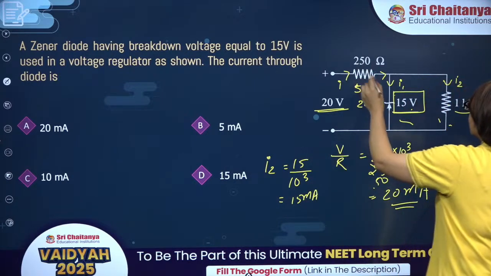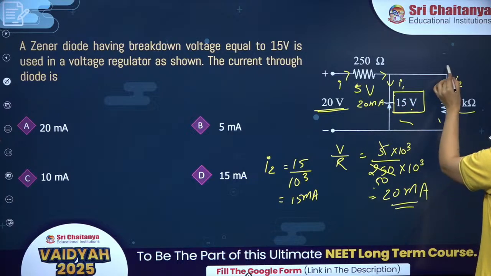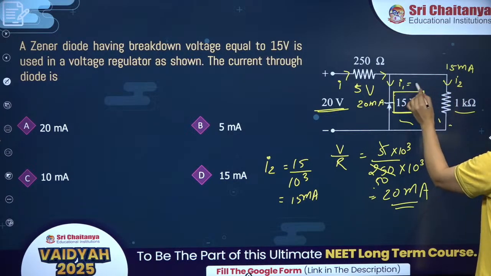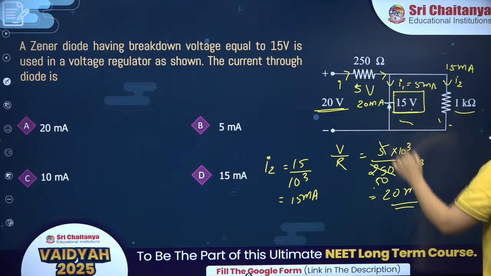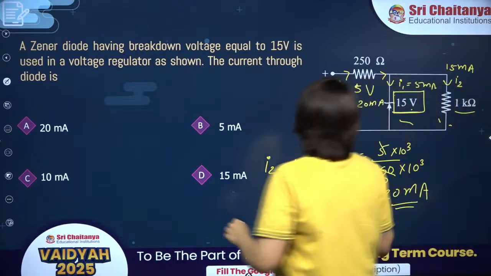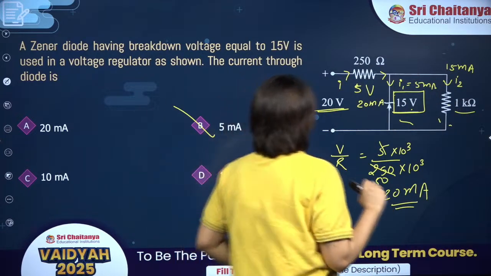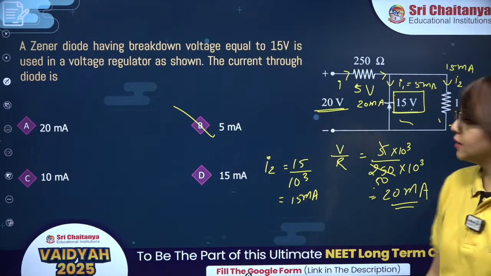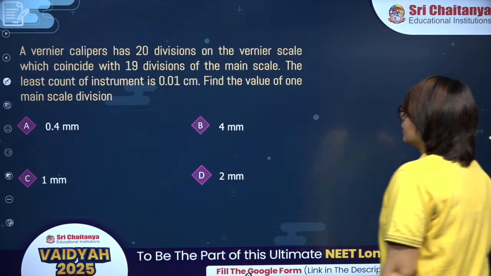So we are getting total 20 milliampere. Out of this 20 milliampere, 15 milliampere is going through 1 kilo ohm. So remaining 5 milliampere will pass through this Zener diode, right? So correct answer is option B. Well done, beta, well done. Chaliye. Next is this one.